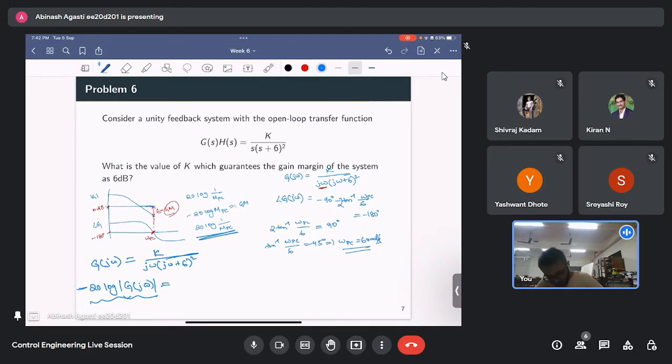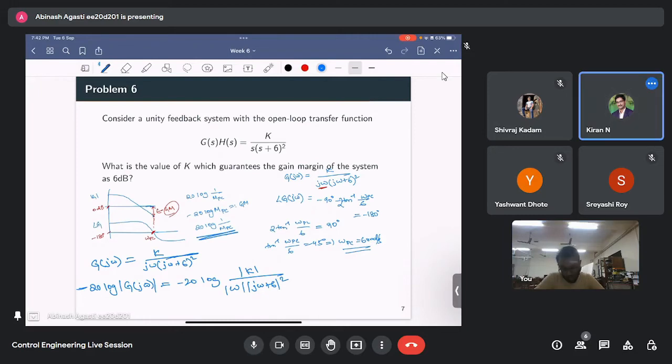So this is minus 20 log mod K by ω into (jω plus 6) whole square, correct? Yes, sir. So this is minus 20 log, assuming K is positive and ω is also positive obviously.